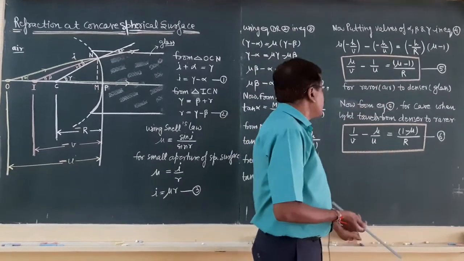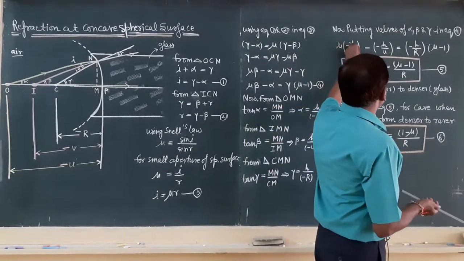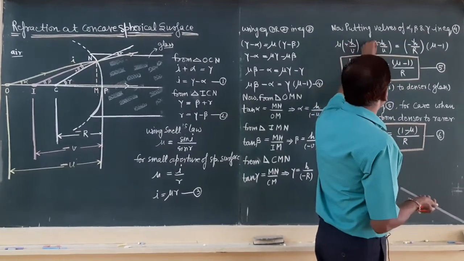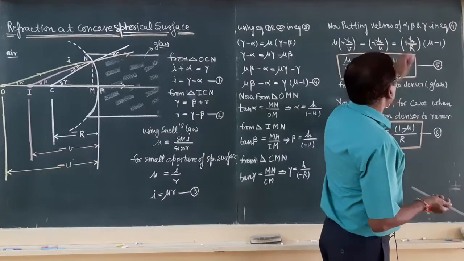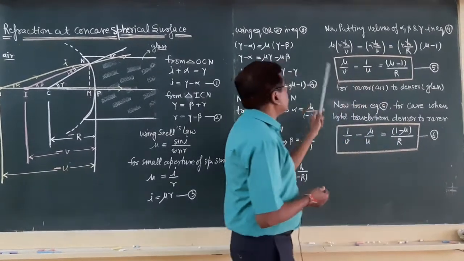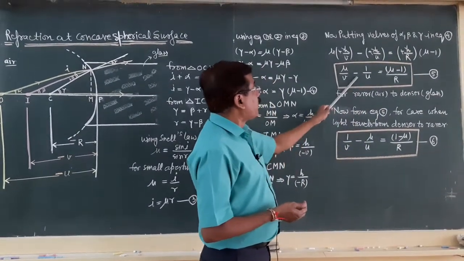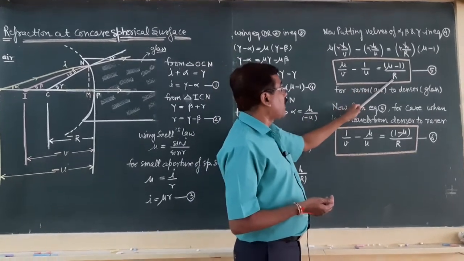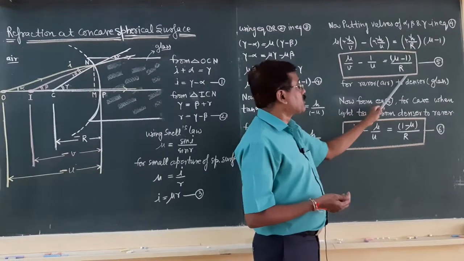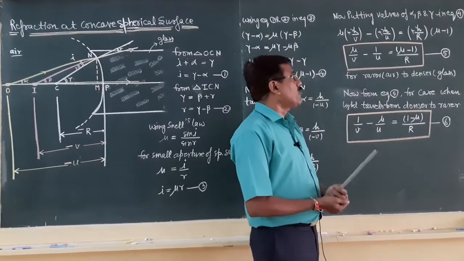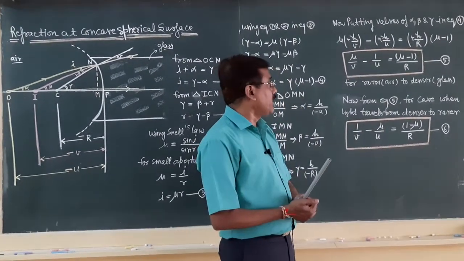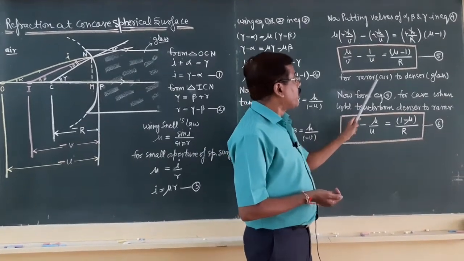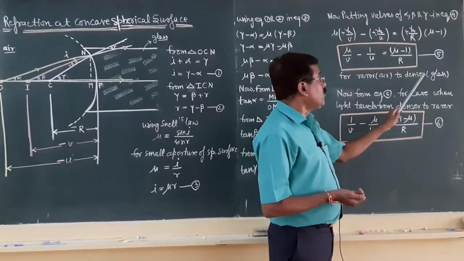And you find this h is common, both sides cancel out. Similarly, this negative sign is also cancelled out. So, finally, you have mu by v minus 1 by u is equal to (mu minus 1) by r. So, this is the required expression for refraction of light at concave spherical surface, provided the light travels from rarer to denser, that is air to glass.